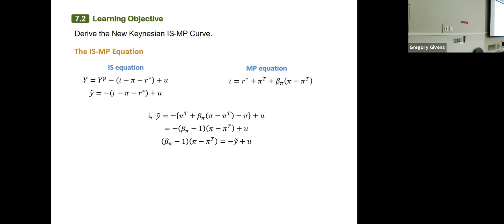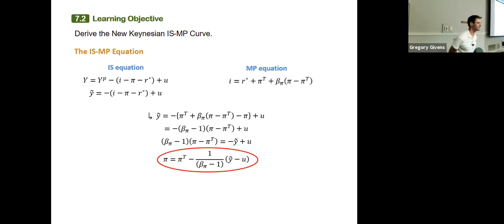Now let me swing the inflation gap term to the left-hand side and the output gap term to the right-hand side. And then I'm going to divide both sides by beta pi minus 1 and then add target inflation to both sides of the equation. That way I can solve for inflation in terms of the output gap as well as the other exogenous variables in my model, which is target inflation and the demand shock. This is the ISMP schedule or ISMP curve.